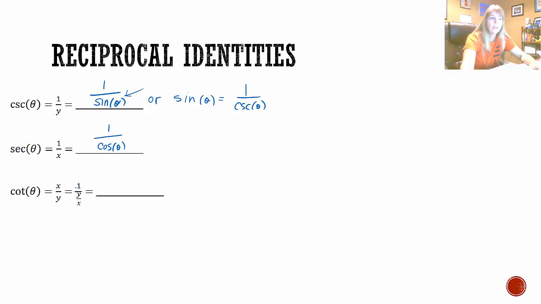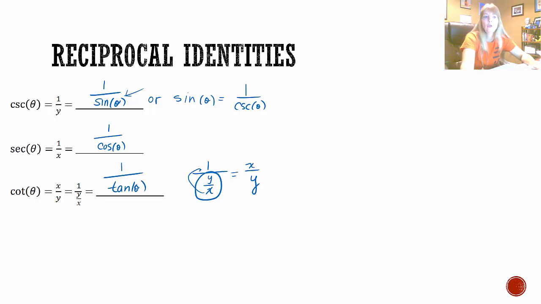So if I do 1 over my cotangent, let's write that out over here. So 1 over y over x. Remember that x comes to the top. Then this piece down here is going to be 1 over the tangent.